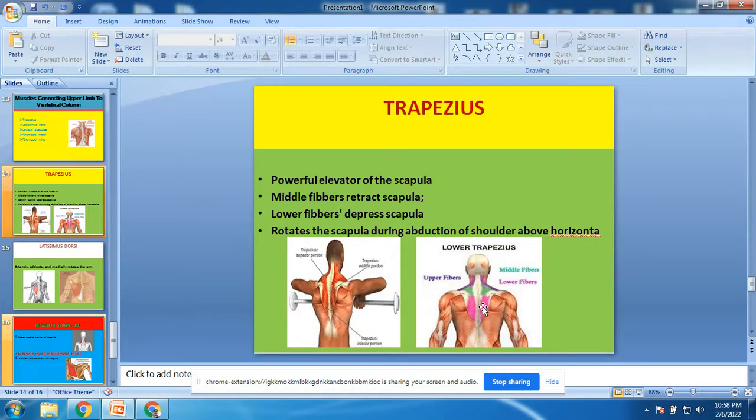Trapezius, a powerful elevator of the scapula, a middle fiber retracts scapula, lower fiber depresses scapula. Rotates the scapula during abduction of the shoulder above horizontal plane.